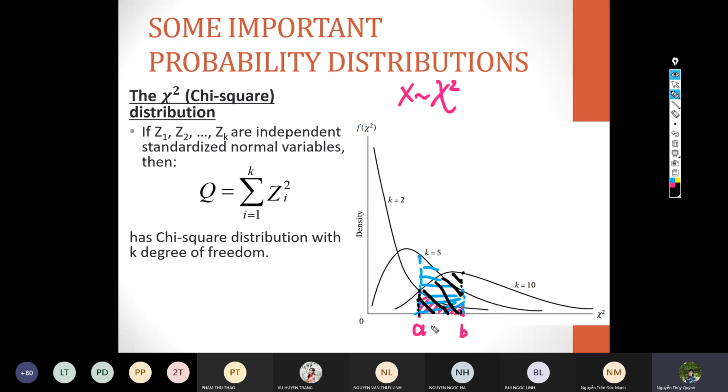So remember, when you talk about a chi-square distribution, please specify the degree of freedom of that distribution, because it will determine the probability that our variable has the value fall into a range. Okay, that is the chi-square distribution.